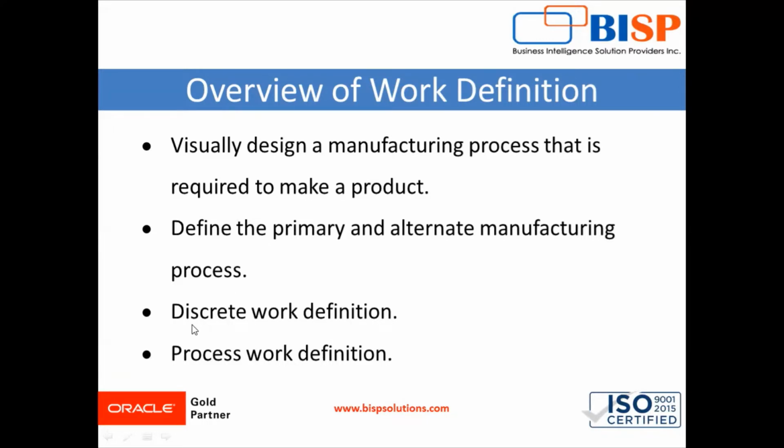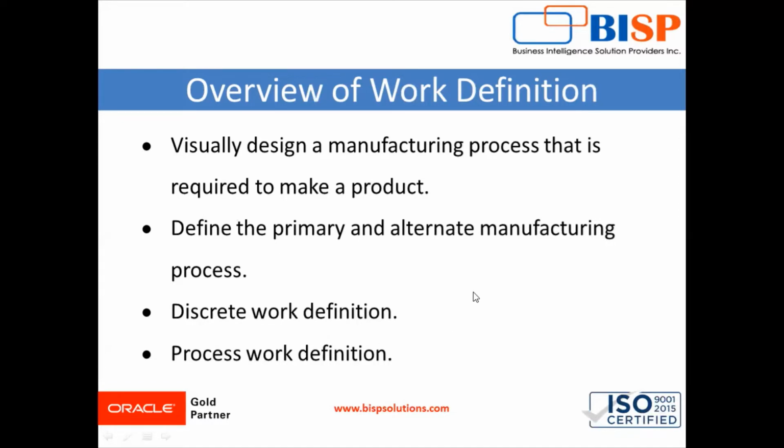Now next one is the discrete work definition. What is a discrete work definition? A discrete work definition defines the manufacturing process for a product that consists of operation, material, and resources. The work definition effectively combines an item structure and routing into a single view.